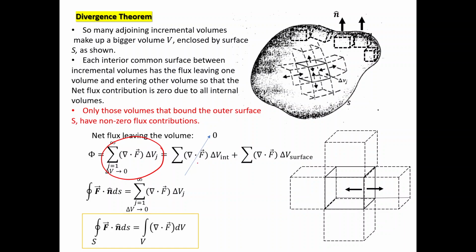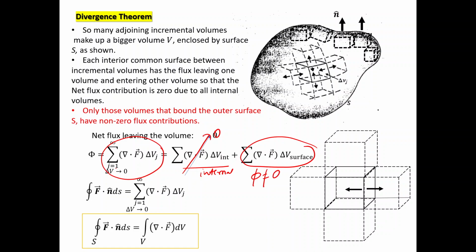Now see, they are internal volumes whose flux contribution will be 0 as we have discussed, and the volumes that are present at the surface, their flux contribution will be non-zero.